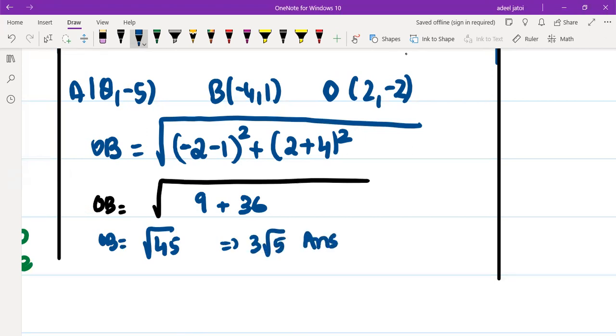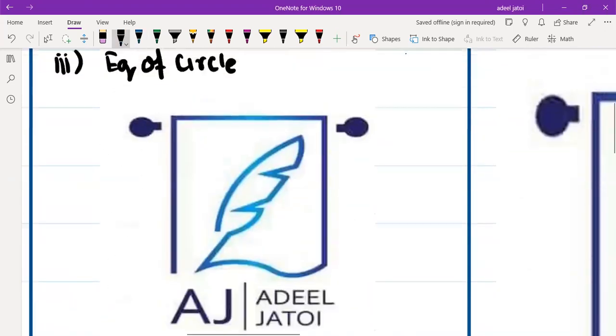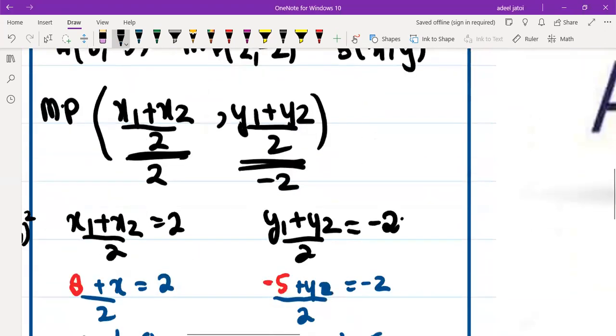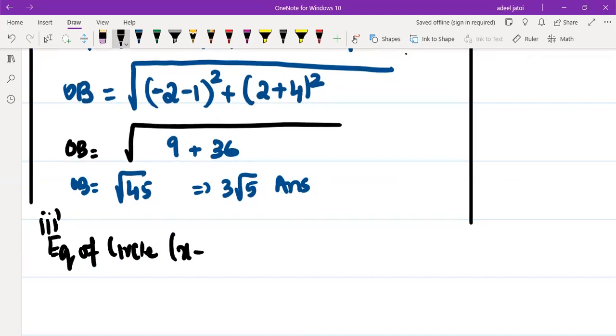In the other part, the examiner has directly said, write down the equation of circle. This is part 3 of the example, which is x minus a whole square plus y minus b whole square is equal to r square.